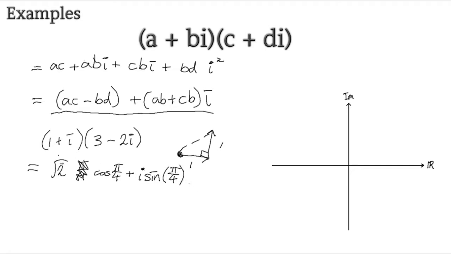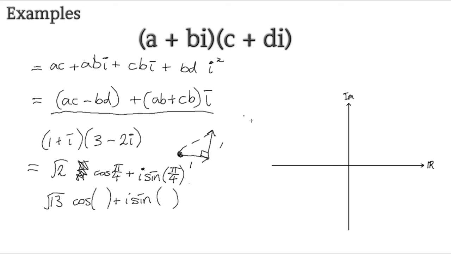That's the first one. Then we have 3 take 2i. So let's find the modulus, which is 3 squared plus (minus 2) squared, which gives us 9 plus 4, gives us 13. So we take root 13, cos plus i sine. Then we want the angle phi.